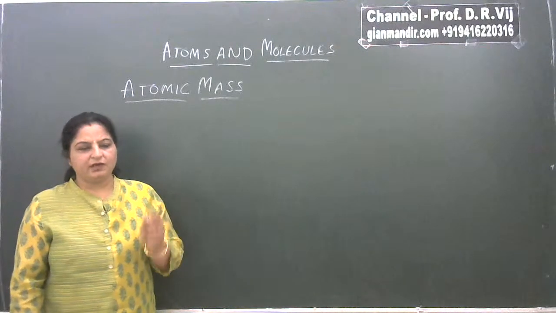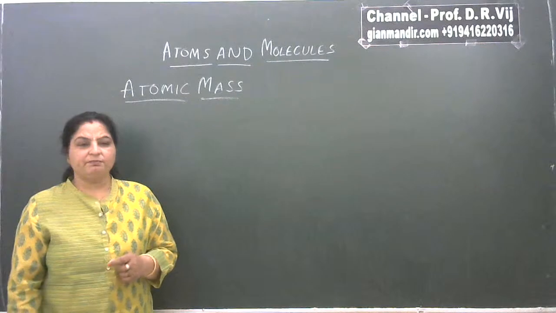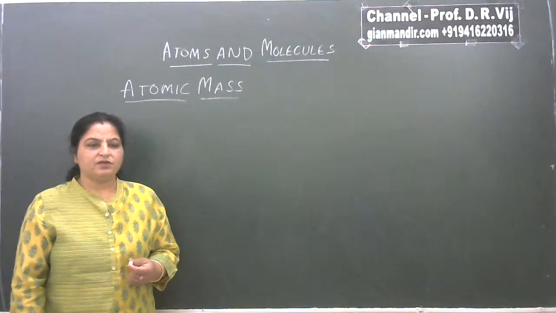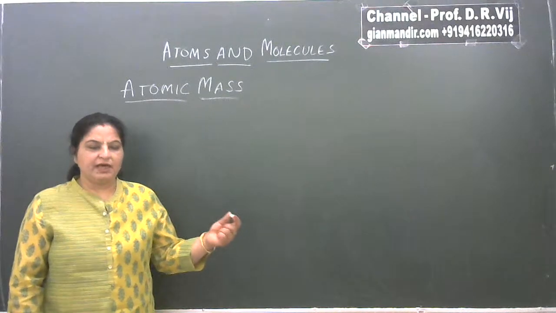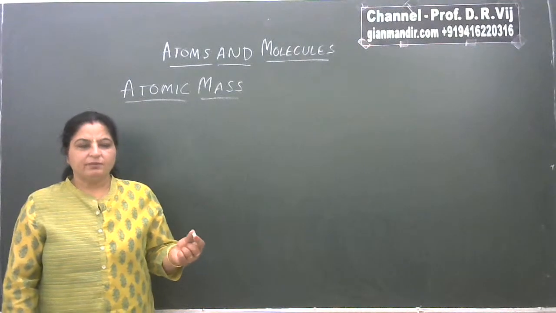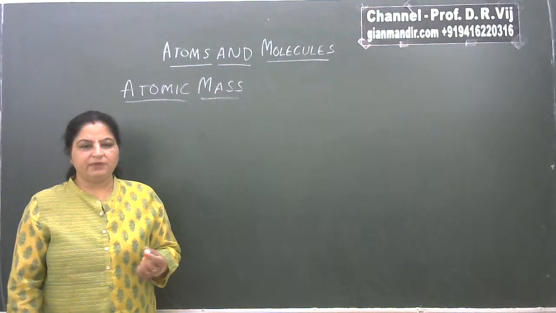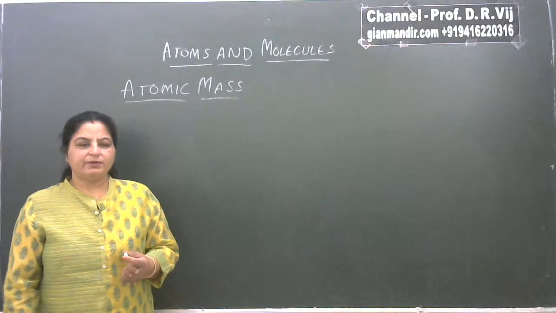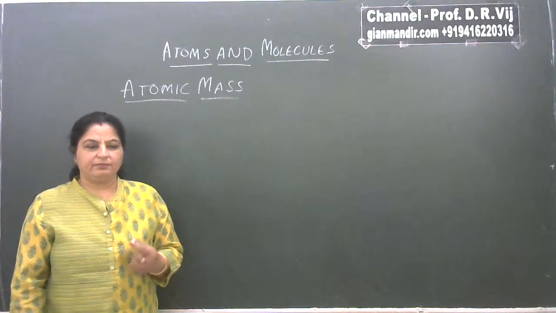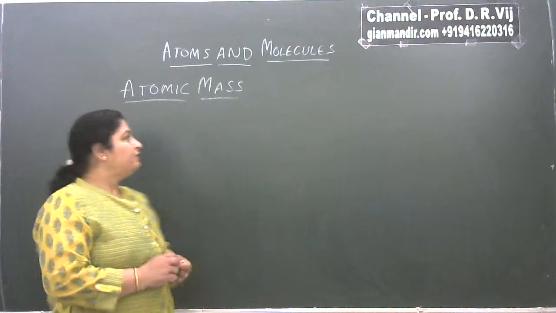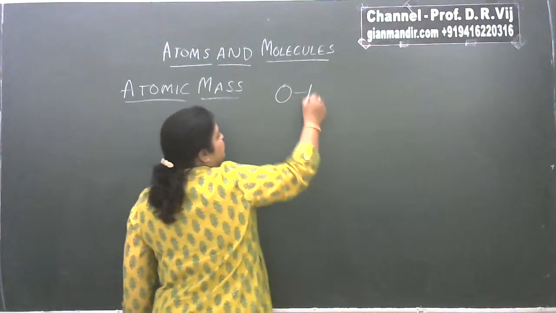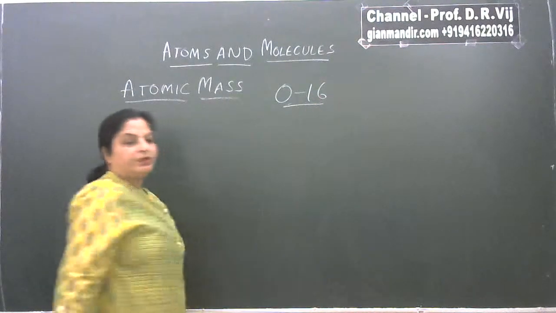So in the case of measurement of atomic masses, we must have some standard reference. Of course, this reference cannot be like the one we use for measuring the mass of apples or anything else, because atoms are extremely small in size. So we must have a very fine, very minute reference, and the reference which we got initially was oxygen-16, right?